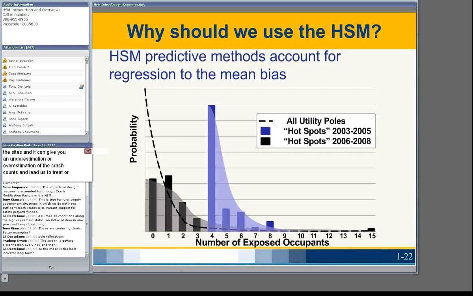Roadside hazard rating is 3, and we don't have time to discuss what a roadside hazard rating is, but that is presented in the module on two-lane rural road segments in a couple of days. Driveway density, we're assuming that the driveway density is 5 or fewer driveways per mile.